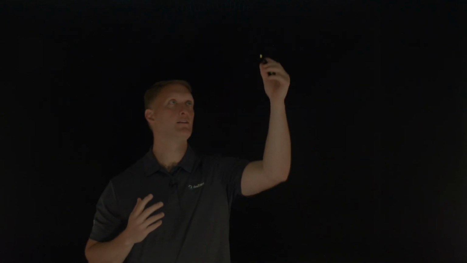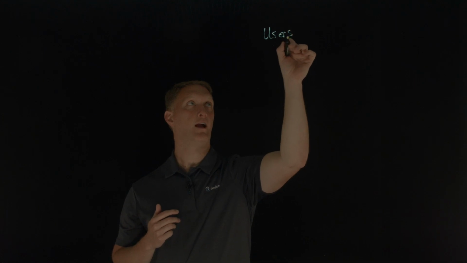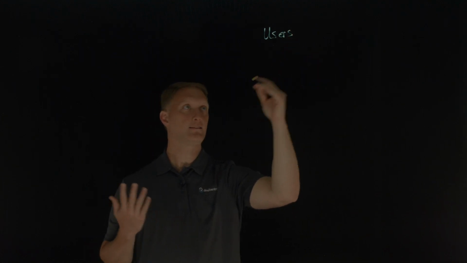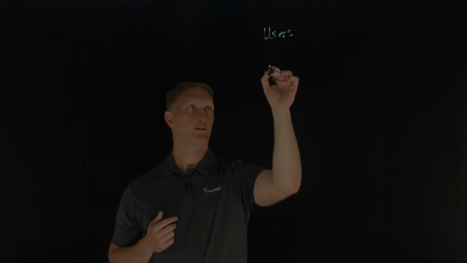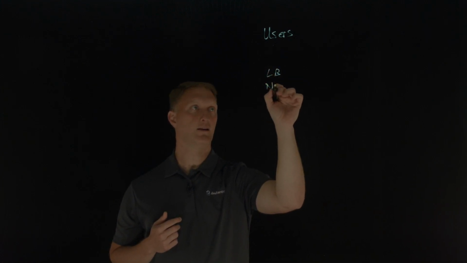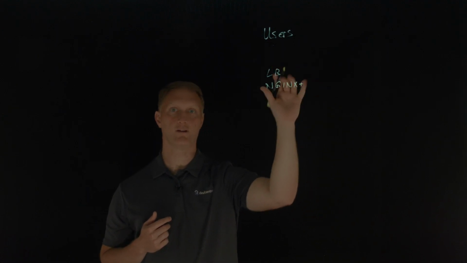So I'm going to draw a quick picture here of how the NGINX App Protect denial of service solution can help protect all of this. Let's say you have your users who are accessing your applications, and you have a software load balancer, and let's say NGINX Plus is installed here.